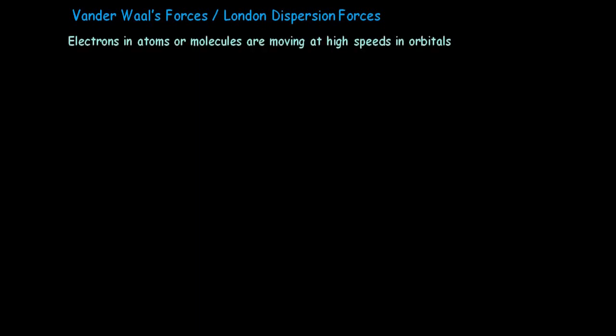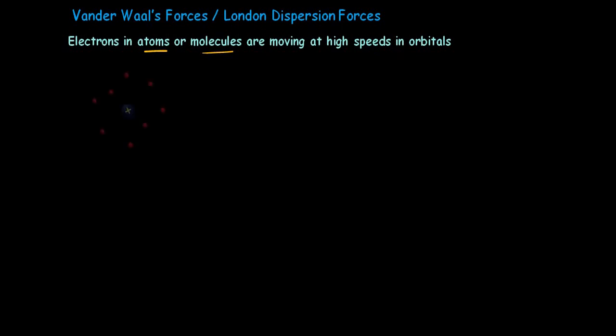Now let's study the intermolecular bond, that is van der Waals force, in detail. Now van der Waals force is an intermolecular bond, so it's a weak bond. So let's see what it is all about. We know that electrons in an atom or molecules are moving at a very high speed in its orbitals.